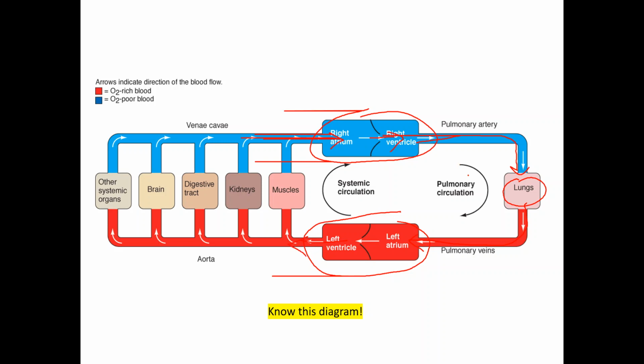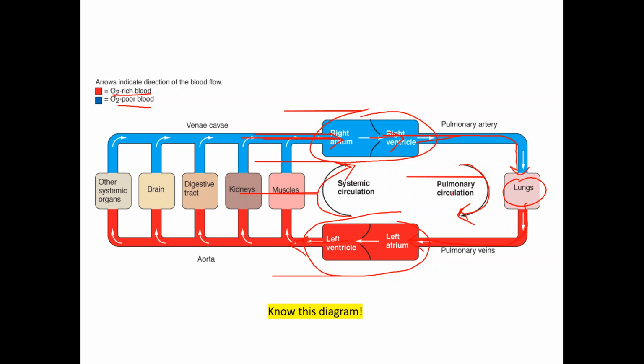This is your pulmonary circulation, this is your systemic circulation, which contains both the oxygenated and unoxygenated circulation, so you cannot distinguish those two. They're happening both together.